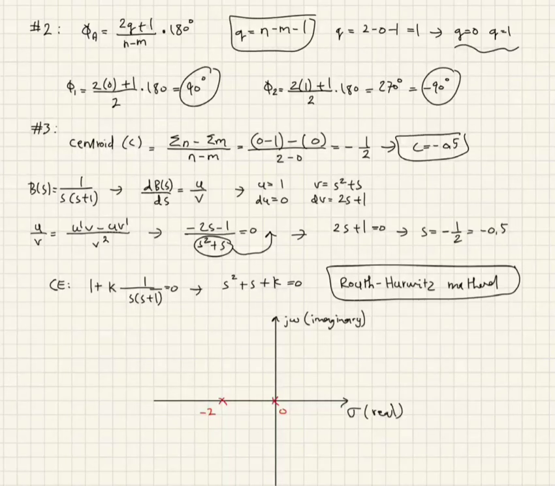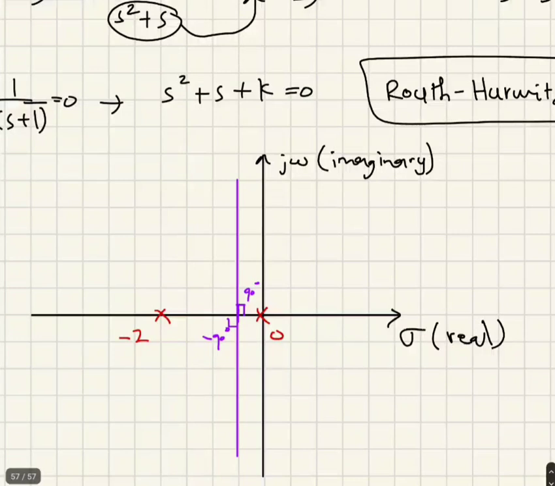We have a centroid, right? Where was it? Here, at -0.5. So we have a centroid right here, which is also the location of the breakaway point. So we have the centroid at -0.5, and the angles are at -90 and +90. So the angles are just that, okay? 90, -90. And now we have to draw the locus.